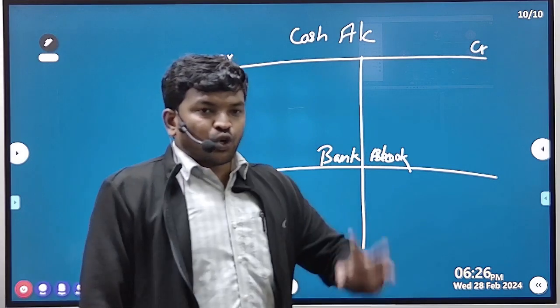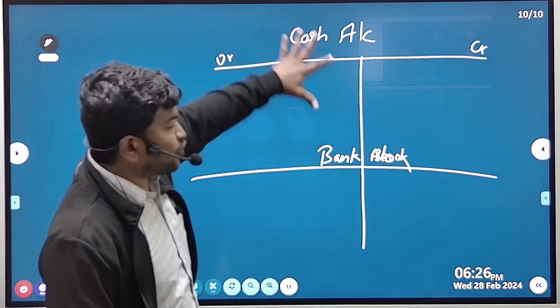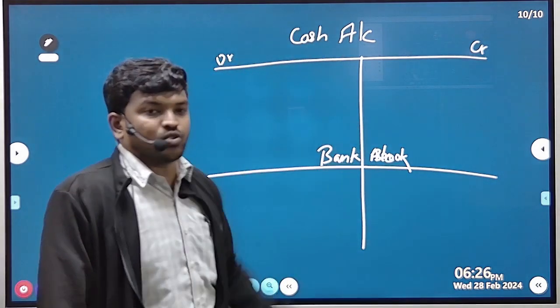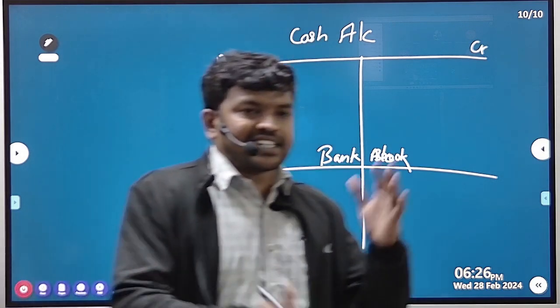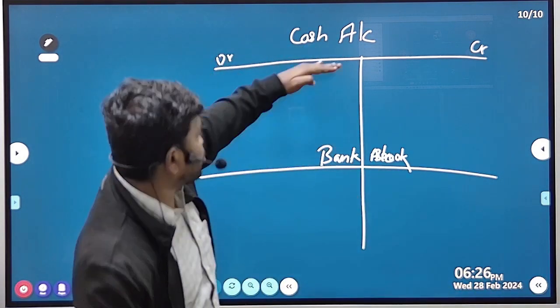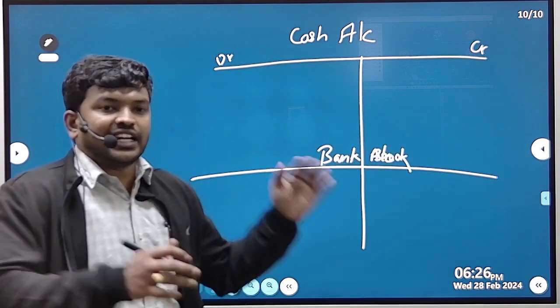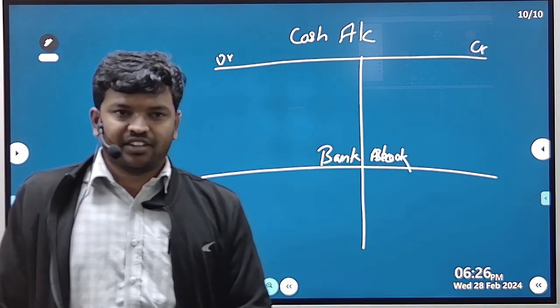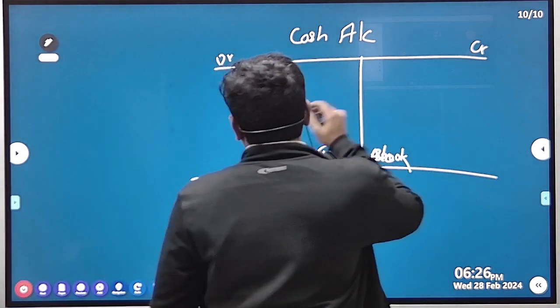So in case of single column cash book, you have two different books or two different ledger accounts indirectly. So whenever cash and bank account is involved, you post to two different ledger accounts. That's why it is not called a contra entry.